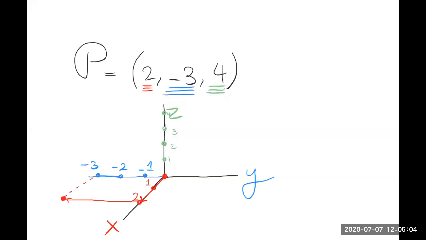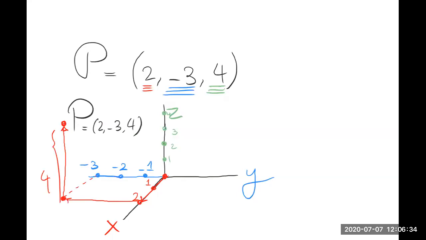And the last coordinate is 4, so I should go up parallel to z by 4. I would get to this point. This is the point P, whose first coordinate is 2, the second coordinate is -3, and the last coordinate is 4. So that's the way to find points using the coordinates, okay?